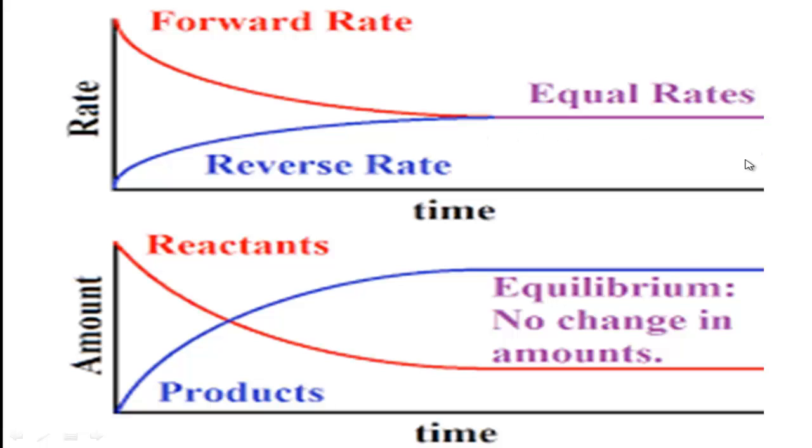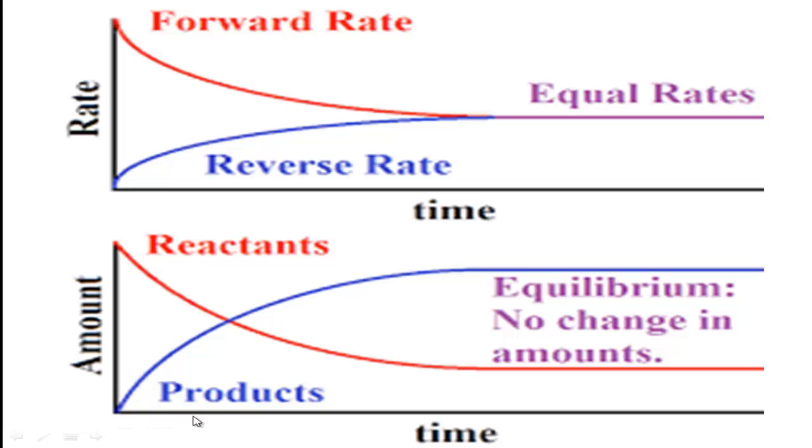equilibrium position. But if we plot a graph between amount and time, then what will happen? Then we will get this type of graph. How? Follow here. At the first time of a reaction, the amount of reactant is highest and the amount of product is lowest, because product has not started to be produced here.